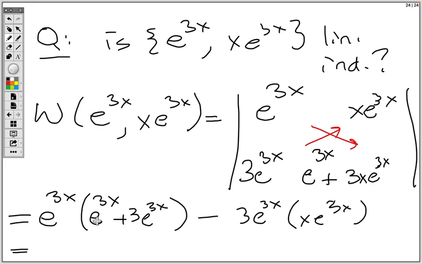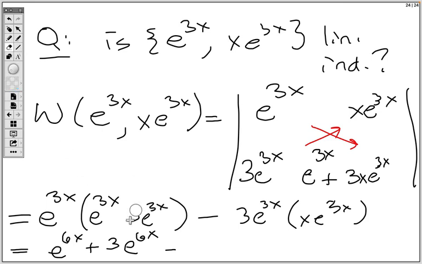So once again, when you multiply with the same base, add exponents. So e to the 3x times e to the 3x is e to the 6x plus 3x. Oops, I'm sorry, there's an x in here.